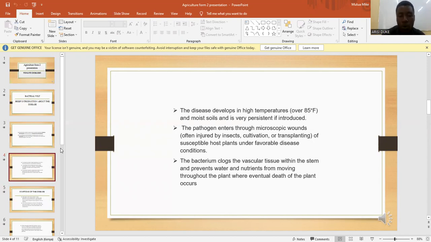So if the bacteria clog the phloem or xylem tissue, the plant will eventually die because the manufactured food has not reached its destination.